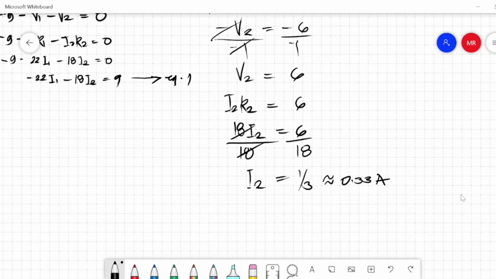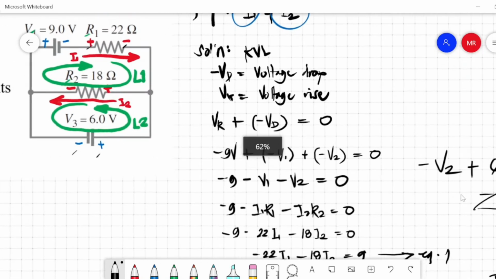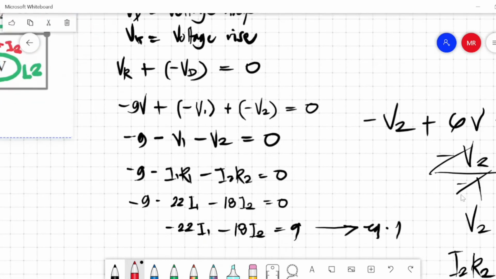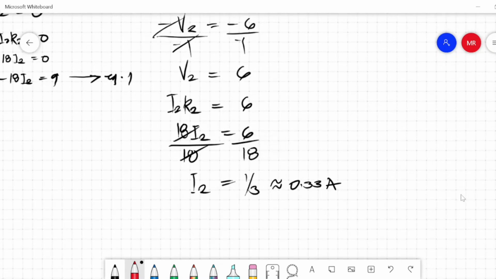Since we get a positive value for I2, we can conclude that we made the right assumption for I2, that it is going to the left direction.